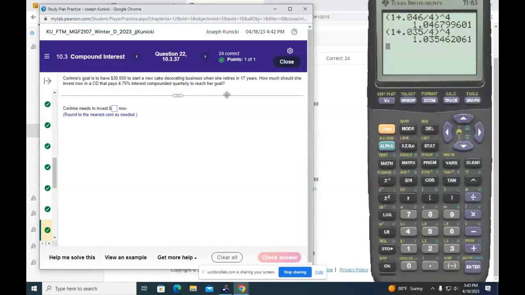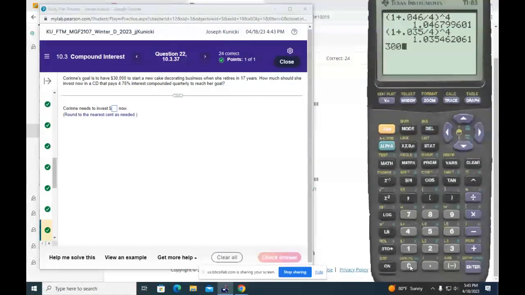So you can make up a scenario like she inherited some money from her parents, and she wants to know how much she can put aside. She's willing to work for the 17 years, but she wants 30 grand when she's done. Regardless of what else happens, she wants to put something aside now and have that. She's got a good percentage there at 4.75%.